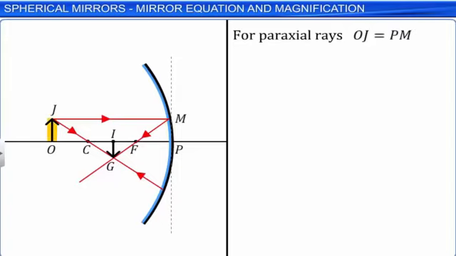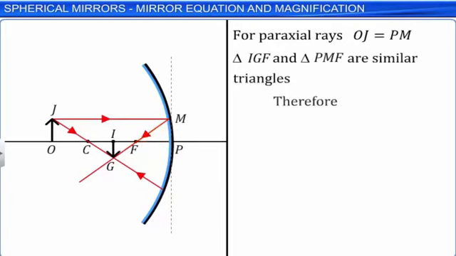Now observe the ray diagram. As triangles IGF and PMF are similar, we can write IG by PM is equal to IF by PF.